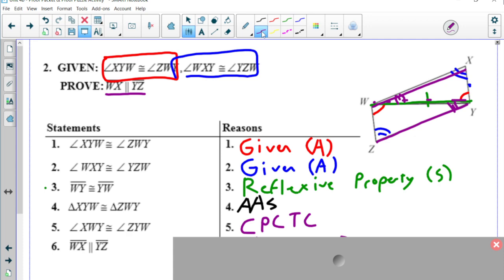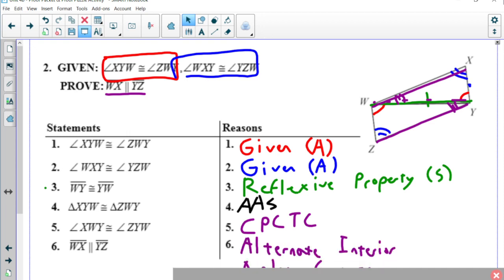Inside, and then same side or different side of this transversal? Different, because one is above it, one is below it. So that makes it alternate interior angles.